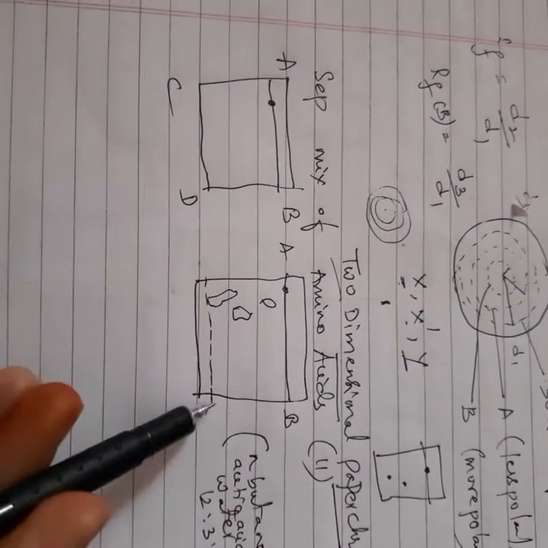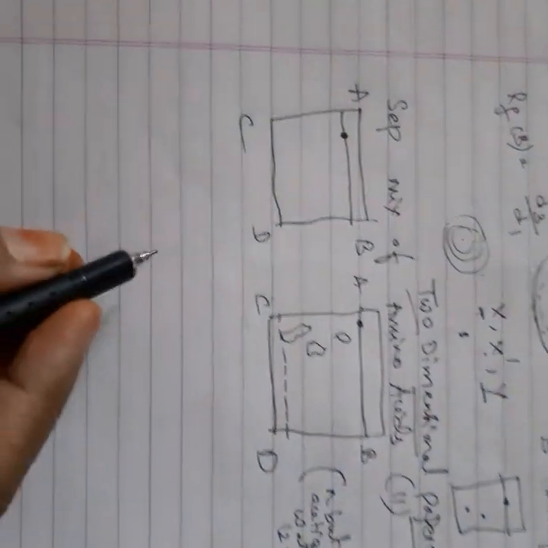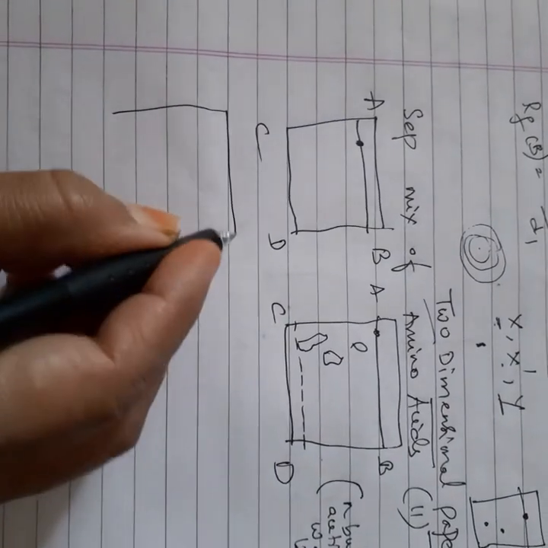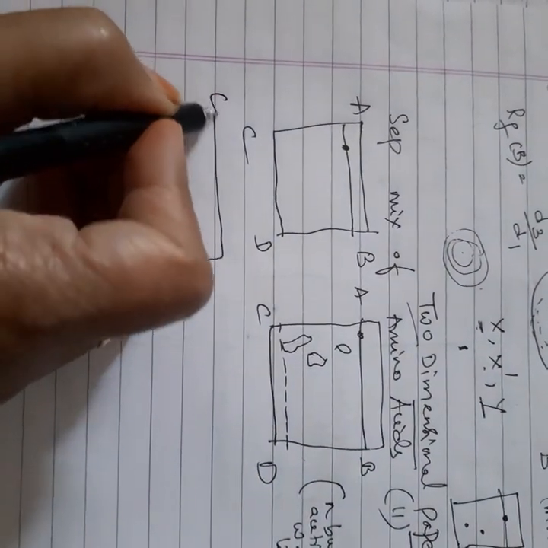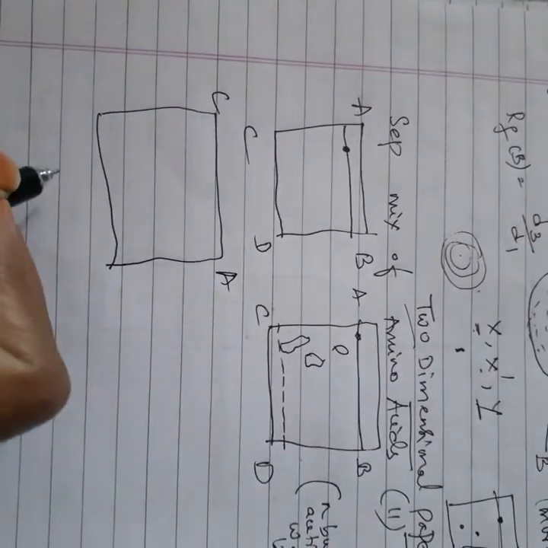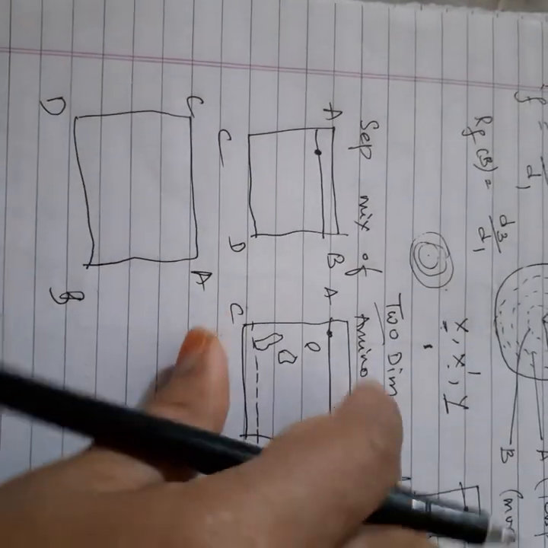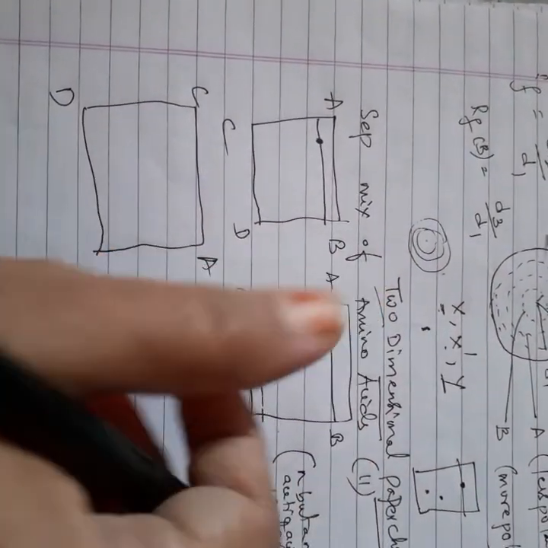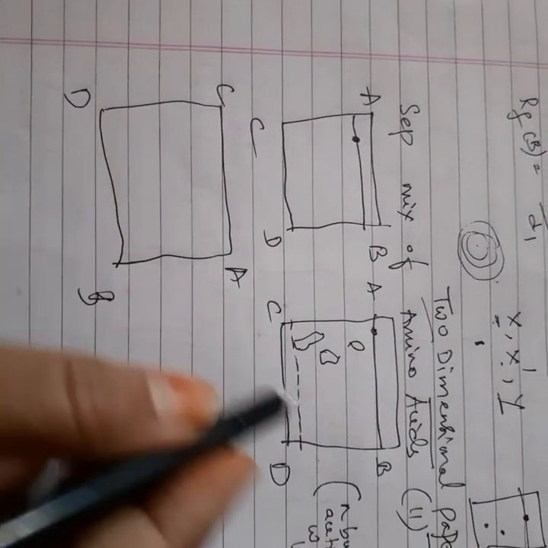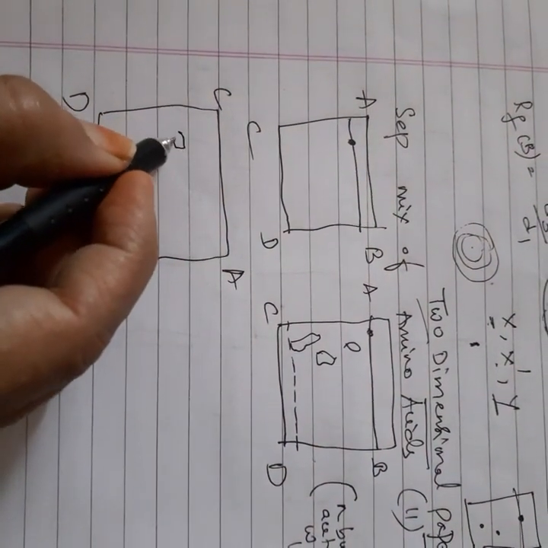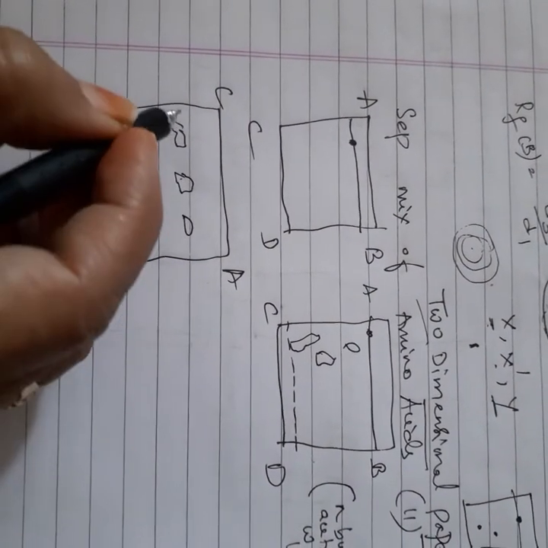Okay, now turn this paper by 90 degrees. If we turn it by 90 degrees, what will happen? This CA will come here, and this DB will come here. I'm just turning it by 90 degrees, right? In such conditions, these 3 spots I need to develop like this, right?